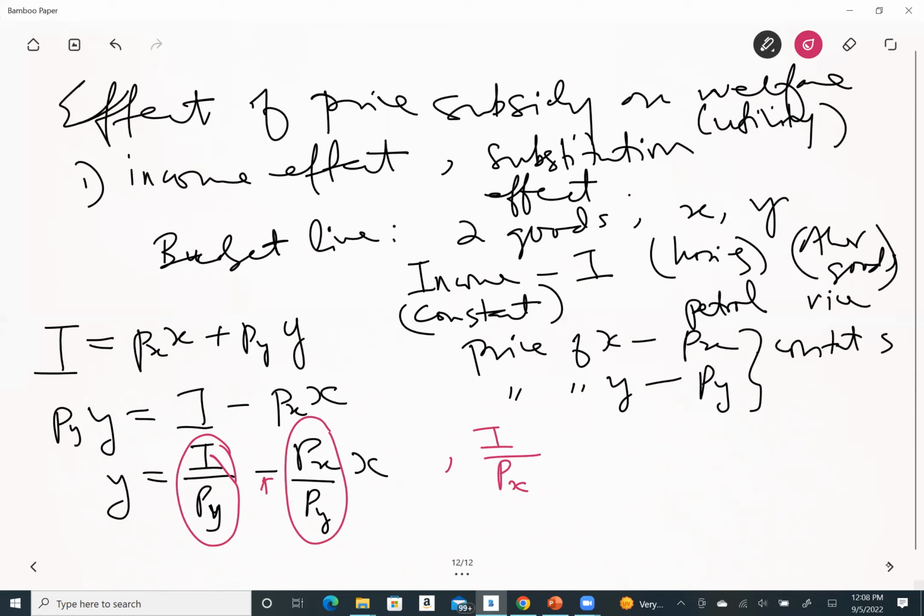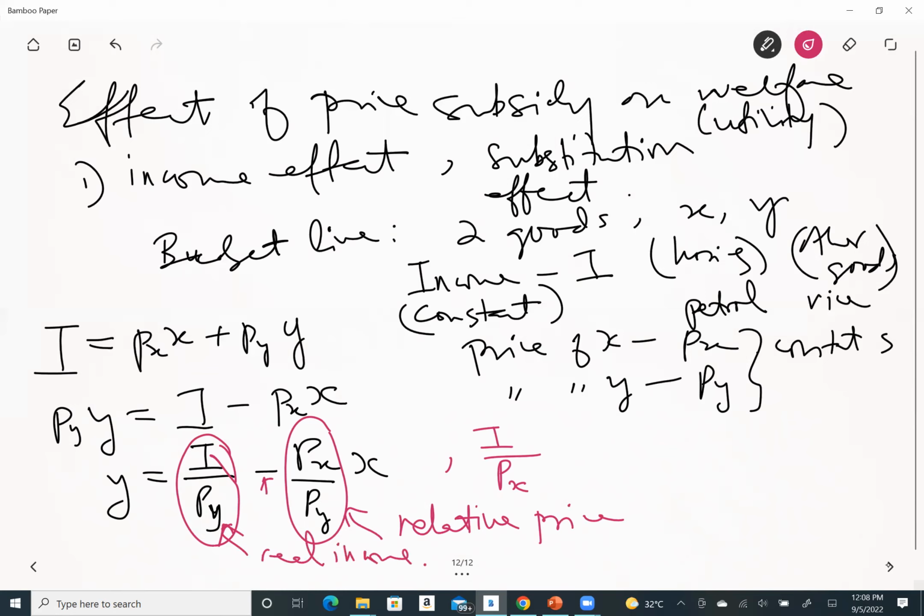So PX over PY. What is PX over PY? This is the slope of the budget line. We call this relative price or price ratio.